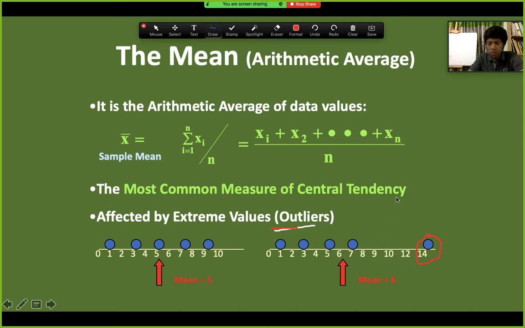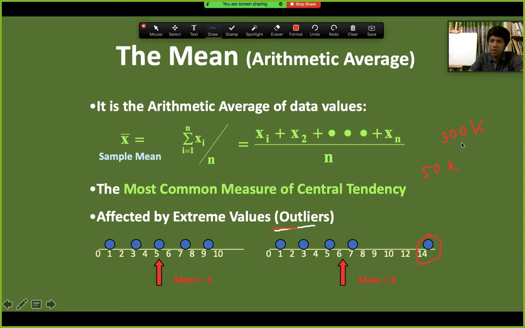Let me give you another example from real life. Suppose you live in some locality where most of the people's average monthly income is, let's say, 50,000. And all of a sudden, there is some rich industrialist living in that locality whose monthly income is too much, let's say 300k.